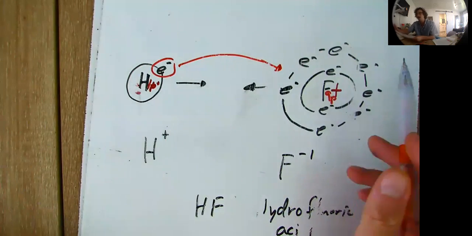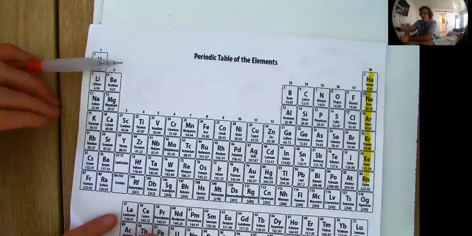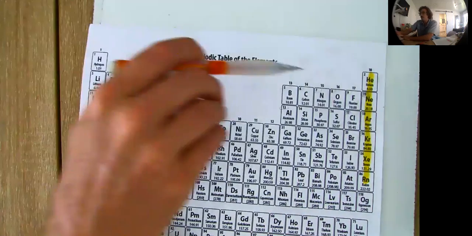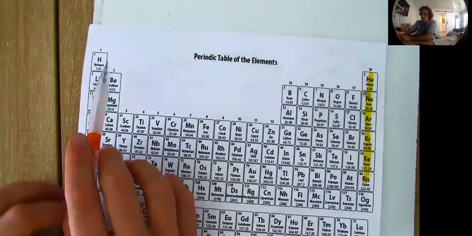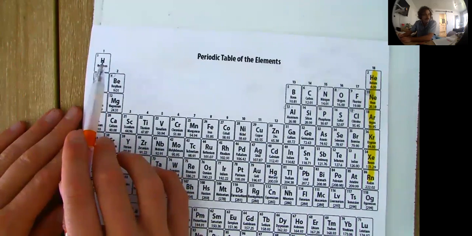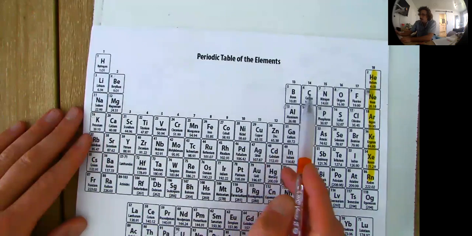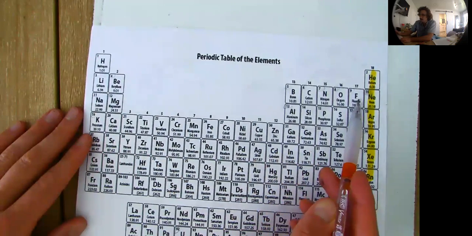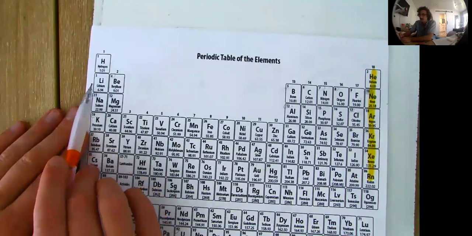Well, there's a reason for that. If you look at the periodic table, the first row only has 2 boxes, the hydrogen and then the helium. So that's why there's 2 electrons on the first shell. And that's why there's 7 electrons on the second shell.